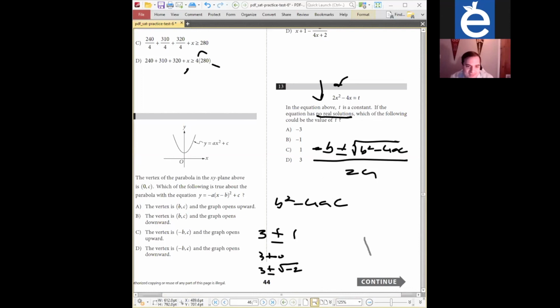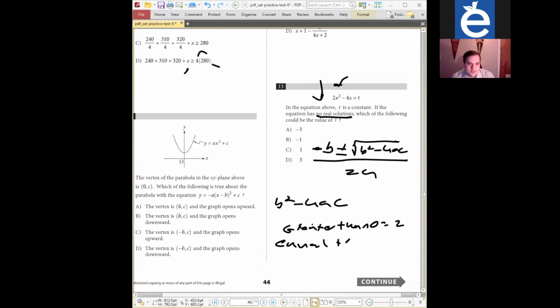The graph of that would look like this, right? It just wouldn't hit. Now, I'm going to say that a little bit more systemized. I just wanted to give you guys the idea of what was happening there. So if this is greater than 0, two solutions.